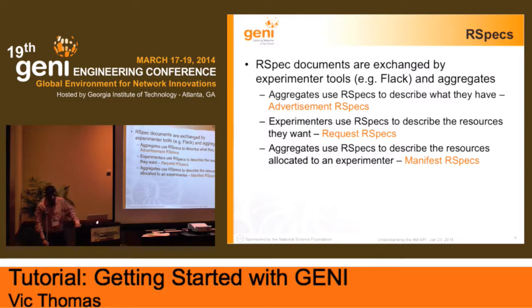The manifest will have all the information you need to use the resource: IP addresses, MAC addresses, login information, anything you might need. Once you have the manifest, you can then use the resource. So, three kinds of RSpecs.